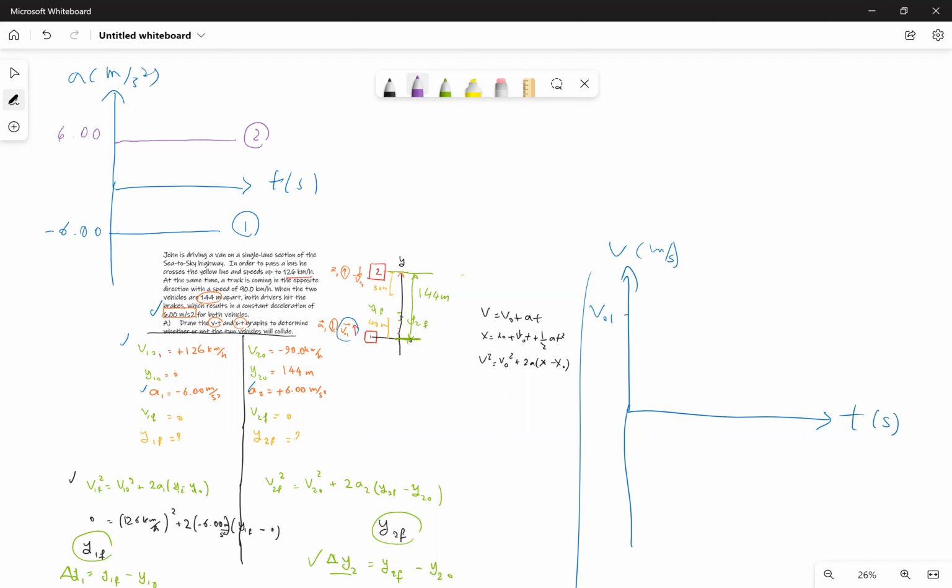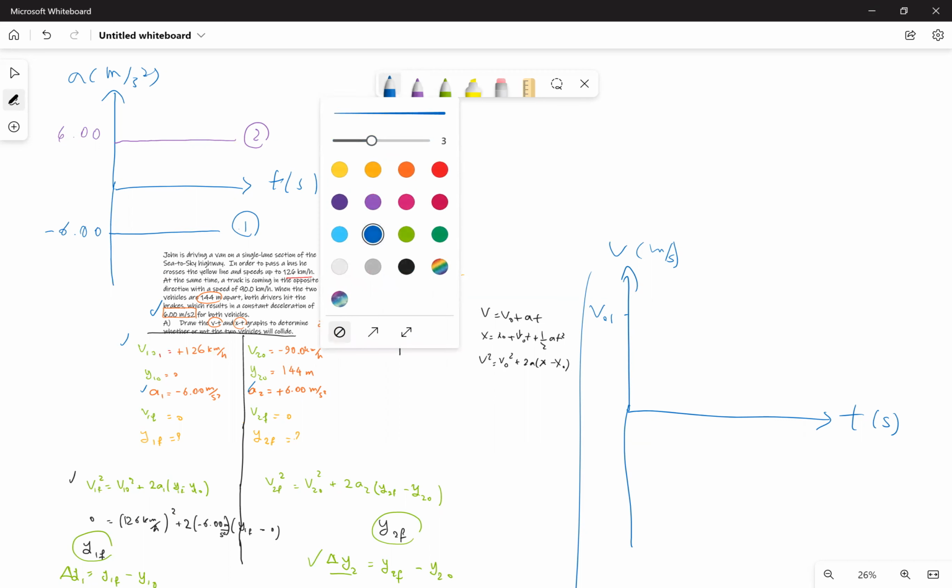Now we want to draw the velocity-time graph for car one. The velocity-time graph that results in a horizontal acceleration-time graph would be a linear diagonal line with a constant slope of negative 6.00 meters per second squared. Let me pick blue, which we use for car one.